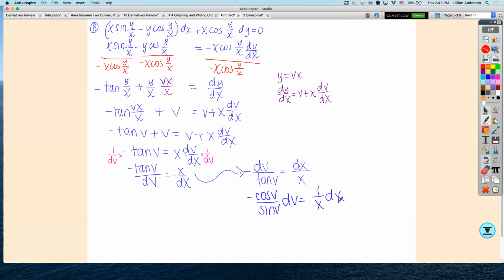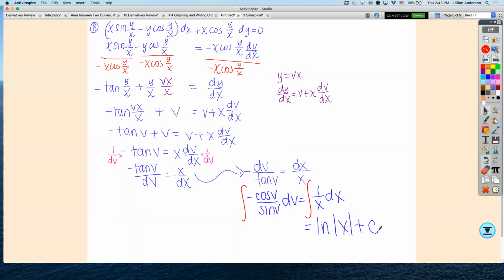All right. Can I integrate now? It looks fine. All right, so let's do that. And turning it into cosine over sine, because technically 1 over tangent is 1 over sine over cosine, so it flips. And then on the right-hand side, that's just gonna be our normal ln absolute value of x.